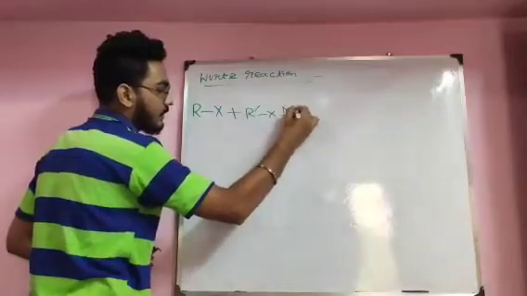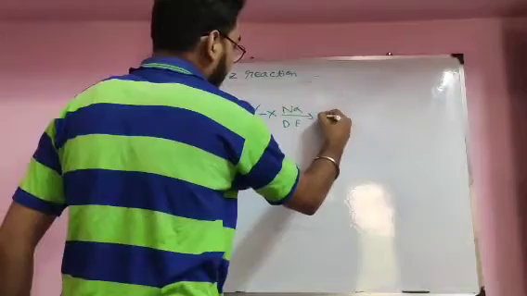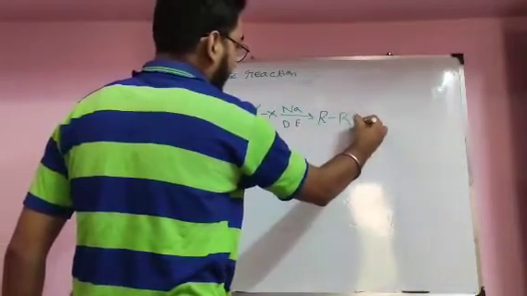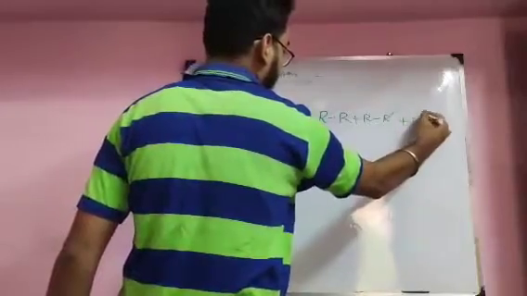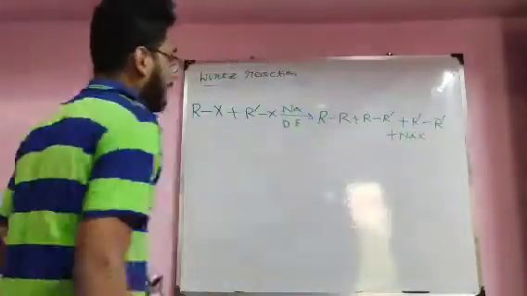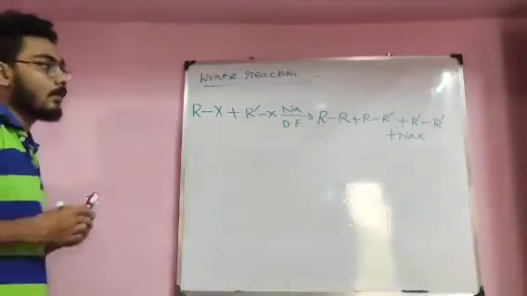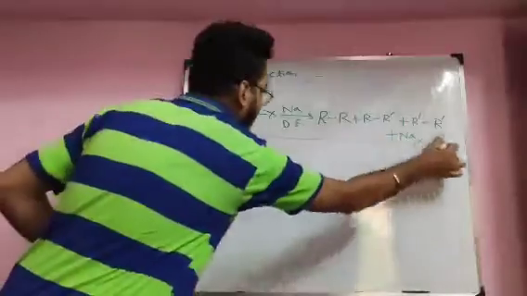If we give sodium and dry ether, then the product will be R-R plus R-R' plus R'-R' plus NaX. This is another form of the Wurtz reaction.